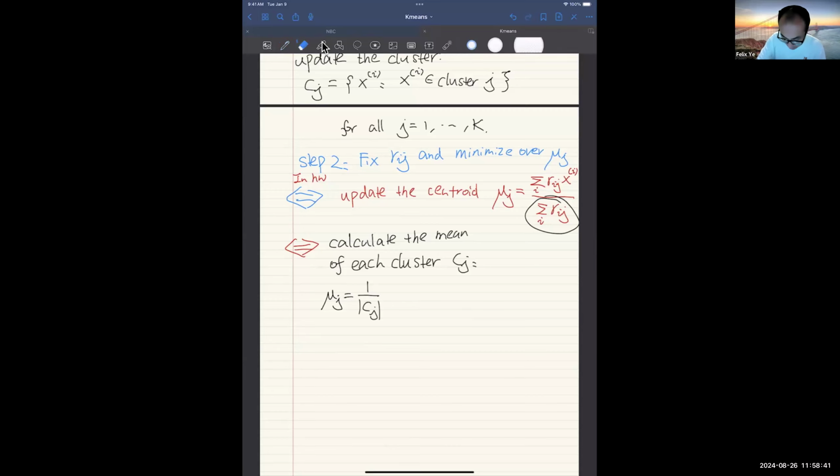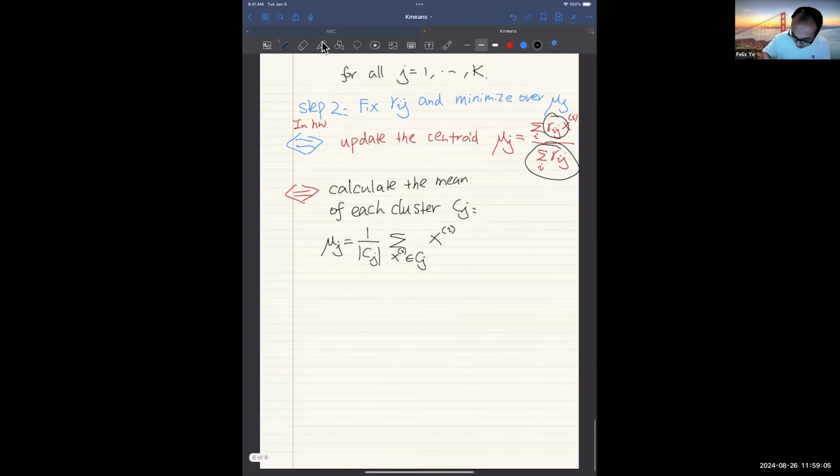And this is our indicator variable that indicates x of I is in Cj. Right, so basically we calculate the mean of the clusters.